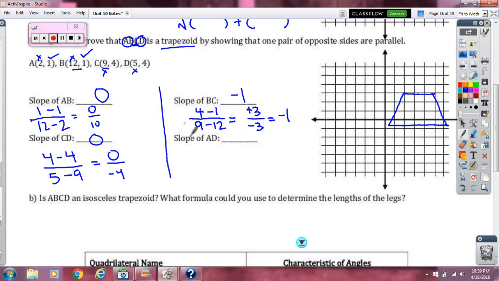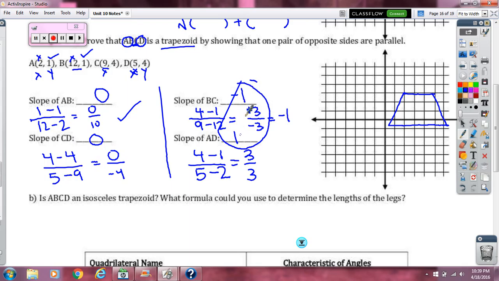And then AD, I see y minus y, so 4 minus 1, x minus x, 5 minus 2, that's 3 over 3, or positive 1. So this is a trapezoid because I have one pair of sides that are parallel or do have the same slope, and then another pair of sides that have different slopes.